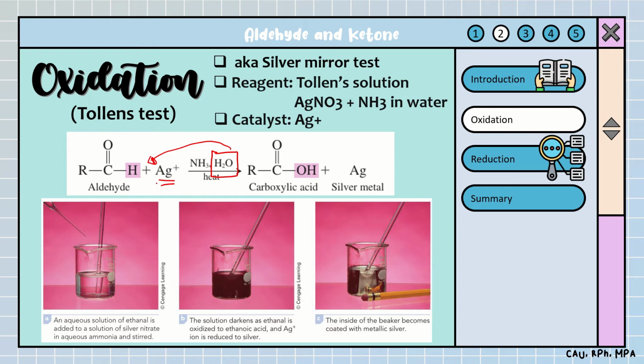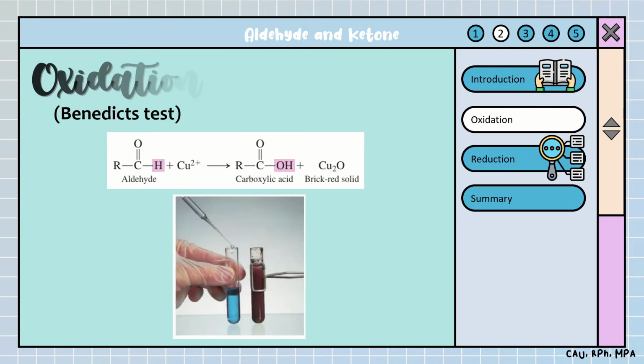Another thing is that in the oxidation of our Tollens test, our silver ion will become a silver metal. That's why in the beaker or in the test tube, we will see a metallic silver that is deposited at the side. So that is the positive result for the Tollens test, or if the chemical is having an aldehyde.